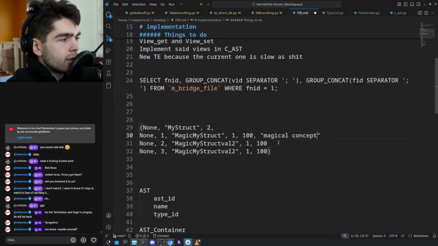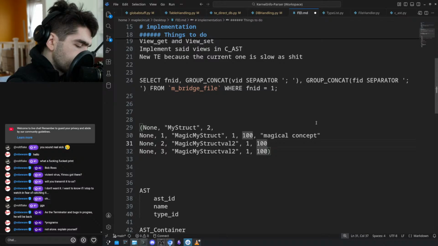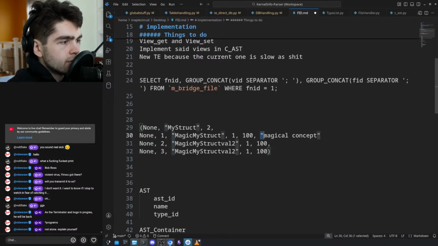So we could put a magical concept at the end, and it would tell us that this line is actually repeated. Yeah, that sounds like an idea.